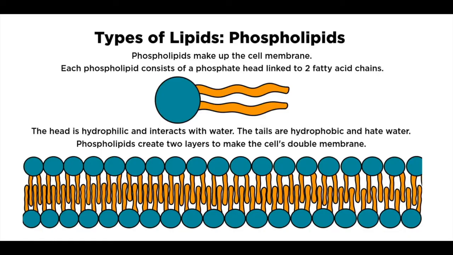Your phospholipids form a bilayer, and this is referred to as a lipid bilayer or a phospholipid bilayer. Your outer part of the layer is going to be the head, the hydrophilic side of this lipid. This is the water-loving side. And on the inside of the layer is going to be your hydrophobic, water-hating side.